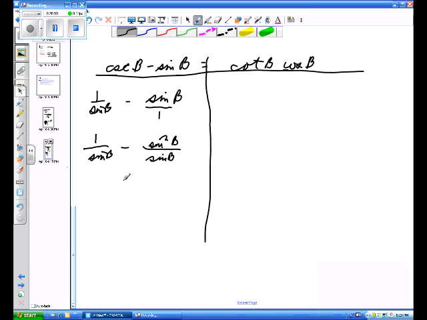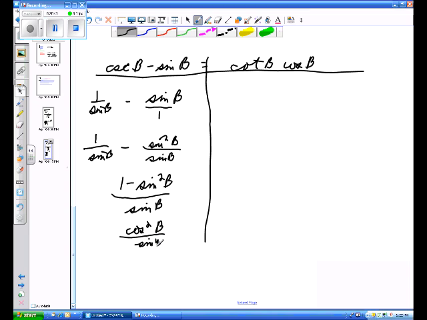And so what we've ended up with then is 1 minus sine squared beta over sine beta, and 1 minus sine squared is cosine squared beta over sine beta.